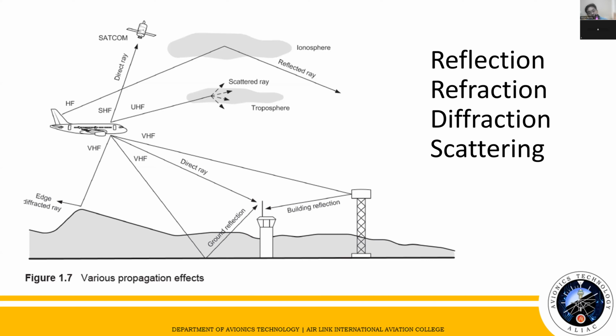Diffraction occurs when a wave meets an edge, as you can see here at the mountain, which has dimensions that are large relative to the wavelength of the signal. In such cases, the wave is bent so it follows the profile of the discontinuity.